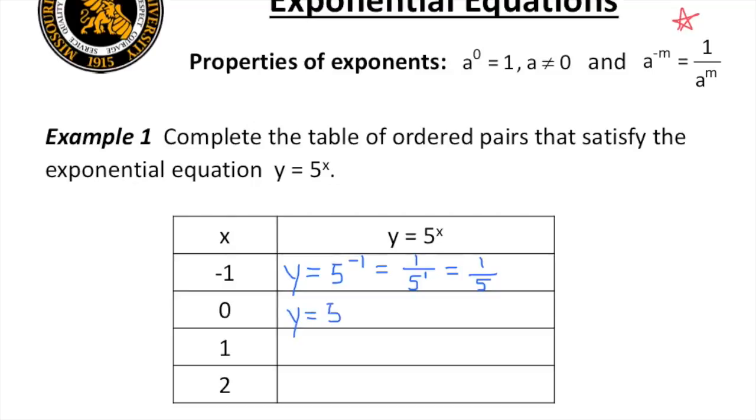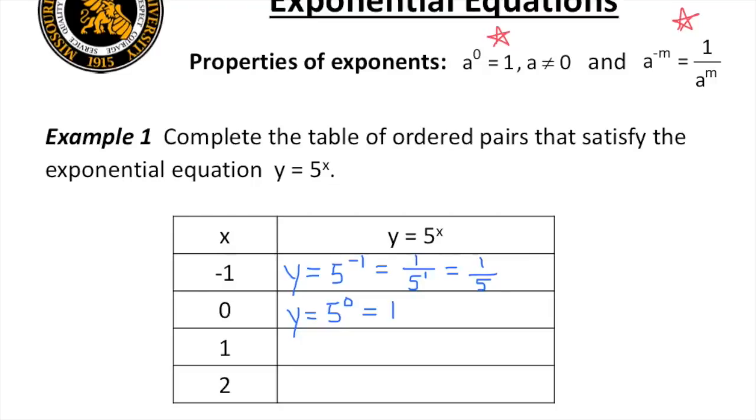Replacing x with 0 gives us y equals 5 to the 0 power. And according to a second property of exponents, a non-zero number raised to a 0 exponent results in 1.